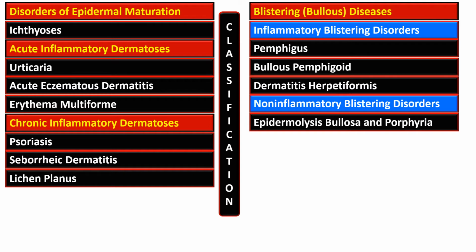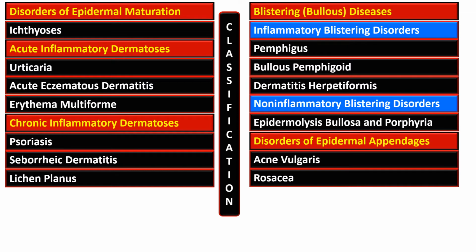The bullous or blistering diseases of the skin can be divided into two groups: inflammatory blistering disorders, that include pemphigus, bullous pemphigoid, and dermatitis herpetiformis, and non-inflammatory blistering disorders that include epidermolysis bullosa and porphyria.